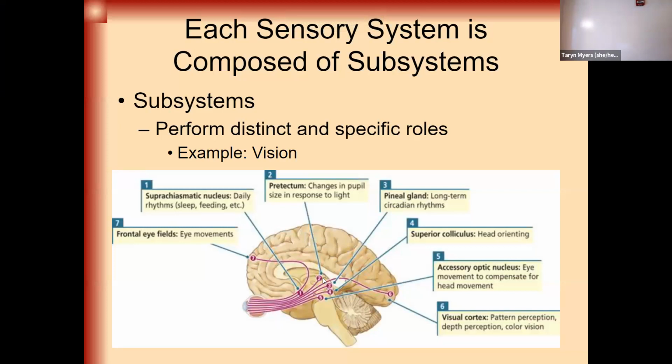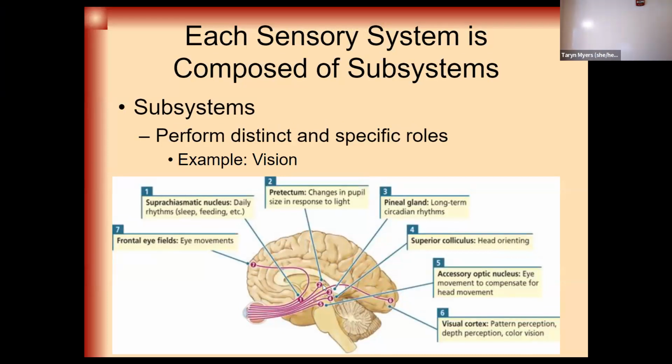There we go. So this kind of shows where everything is coming together. So we have eye movements, we have daily rhythms, your circadian rhythm, sleep-wake cycle, when you're hungry, when you're full, things along those lines. And then you have the muscle that controls your pupil size to change in response to light.